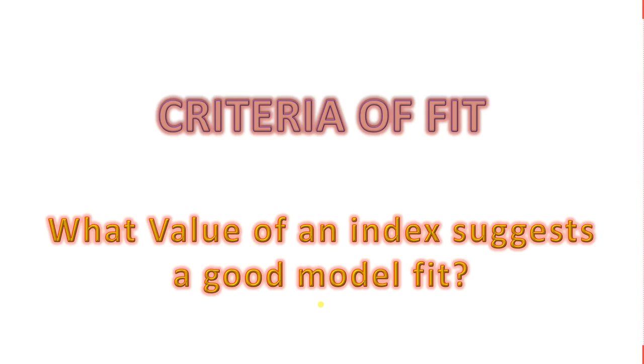Parsimony fit indices we generally use for comparing non-nested models. So when we are doing model modifications or testing alternative hypotheses with non-nested models, those are more useful. For testing the model fit, we have absolute fit indices and incremental fit indices.